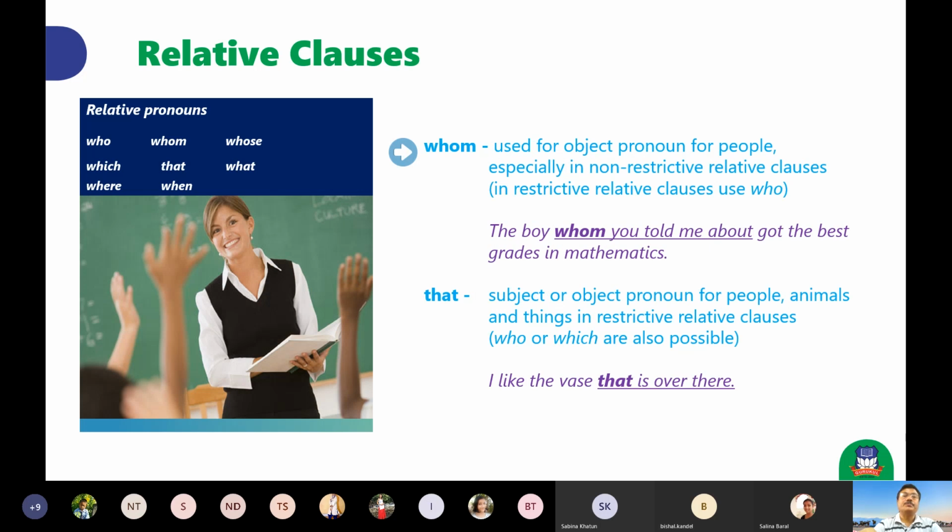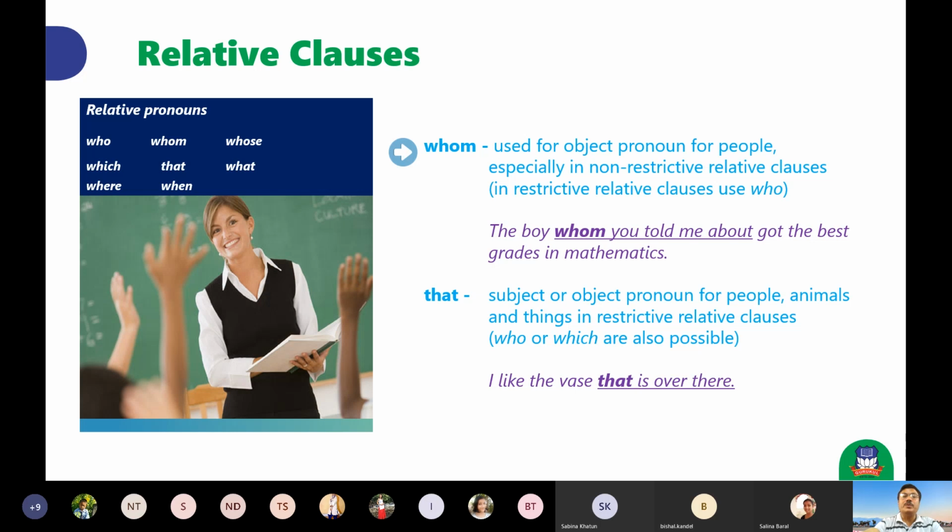So next, whom. It is used as an object pronoun for people, especially in non-restrictive relative clauses. In restrictive relative clauses, use who.